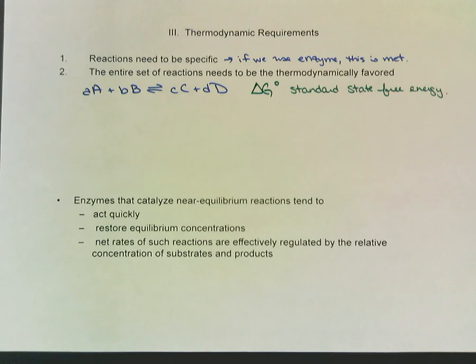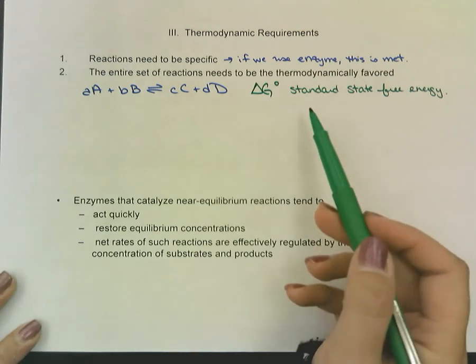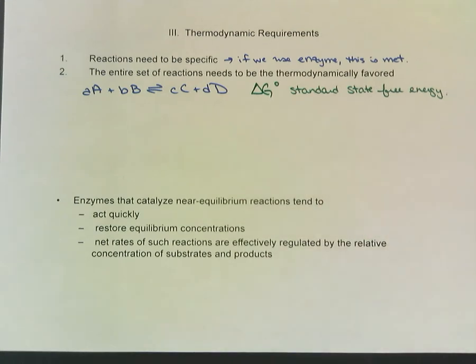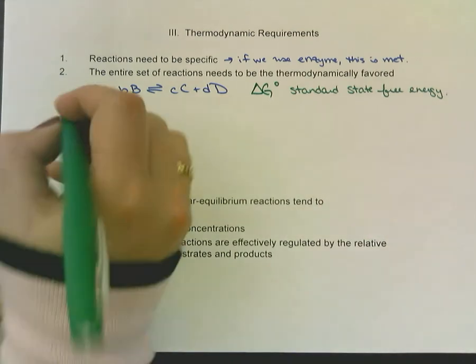When I said you're at STP to do your reaction, it was 1 atmosphere, room temperature, right? Is your body at room temperature on the inside? No. The insides of your body are not all at 1 atmosphere either. So we cannot use the standard state free energy. We can, however, work around it.